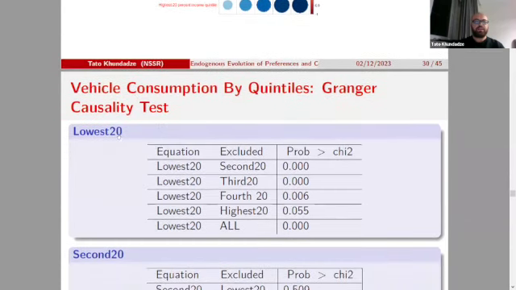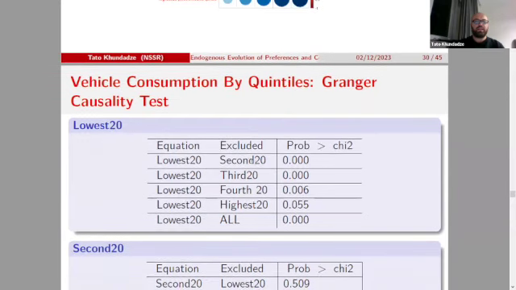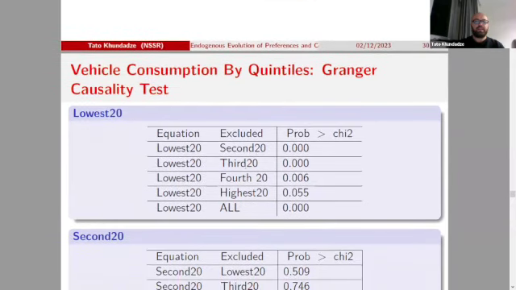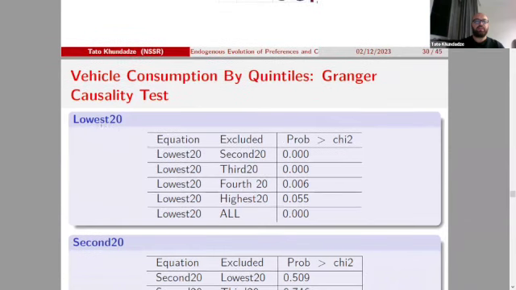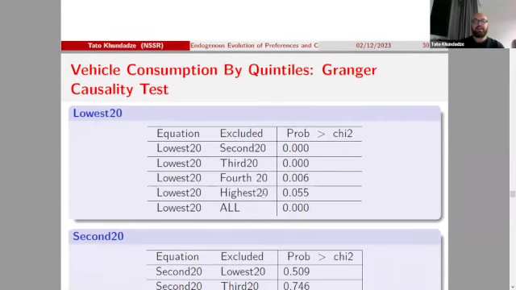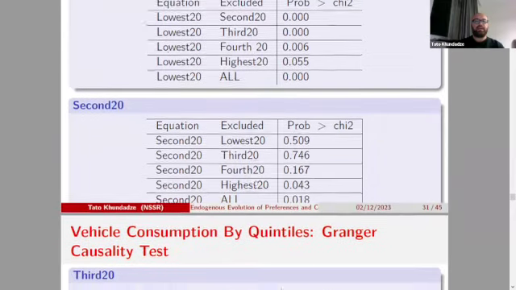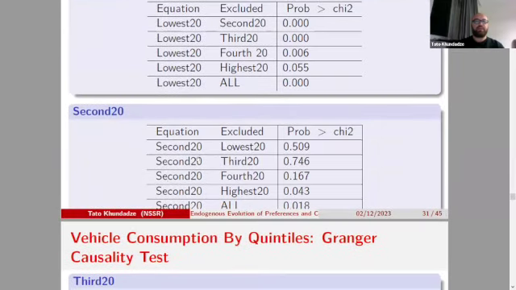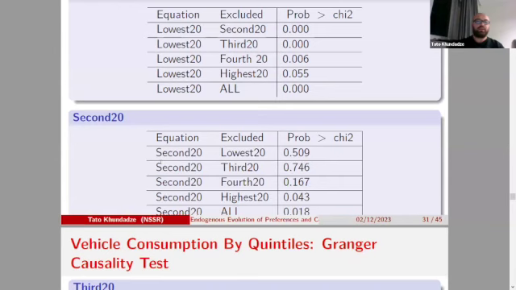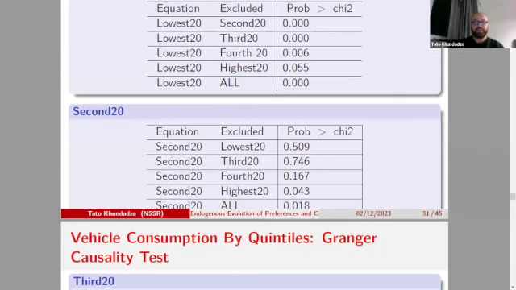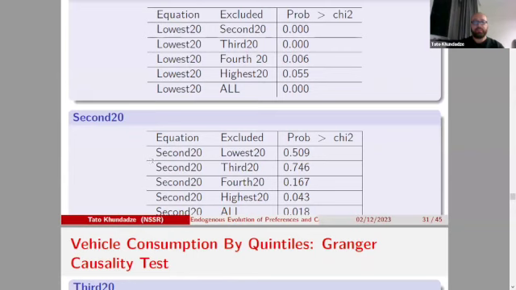And we see for the lowest income quantile that basically all of them, second, third, fourth quantiles, Granger cause the consumption expenditure of the lowest income quantile. There is a p-value slightly higher for the highest income quantile. I estimated for all the quantiles and for all the goods, but I show only some of them as an example.